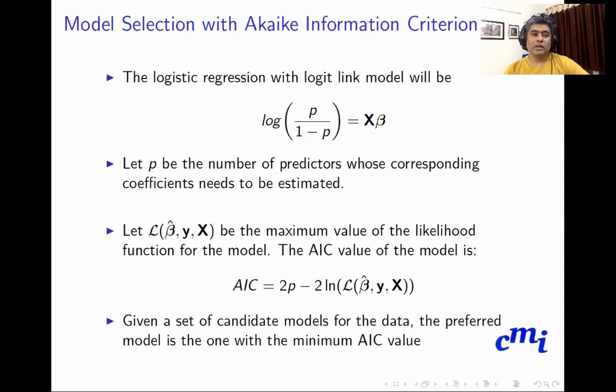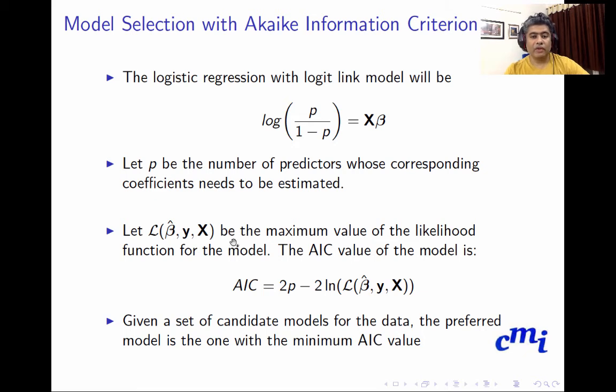There is another measure which is very popular, particularly in model selection, called Akaike information criterion, which we discussed for the simple linear regression model. The generic behavior of the AIC made it possible for us to apply it in the logistic regression model. Suppose L of beta hat given x is the maximum value of the likelihood function of the model.